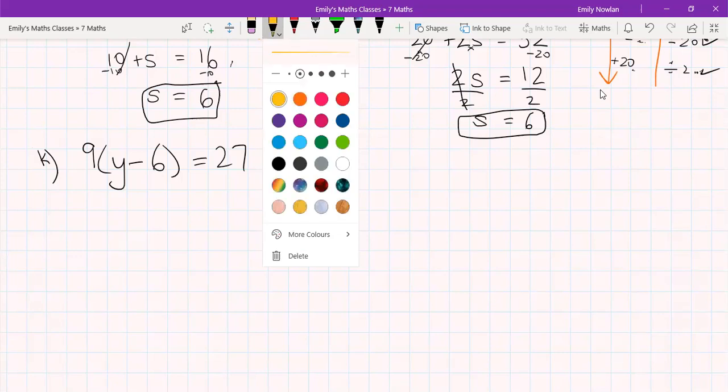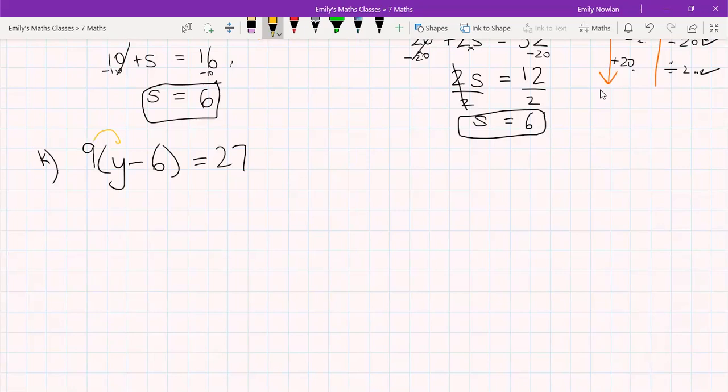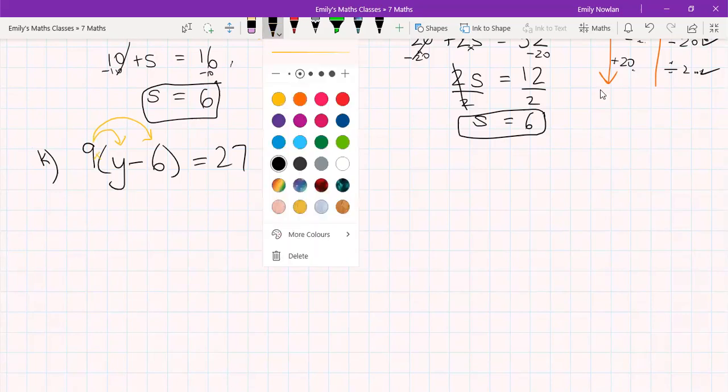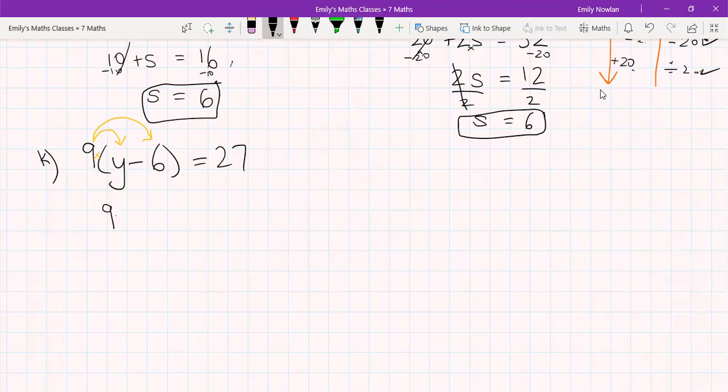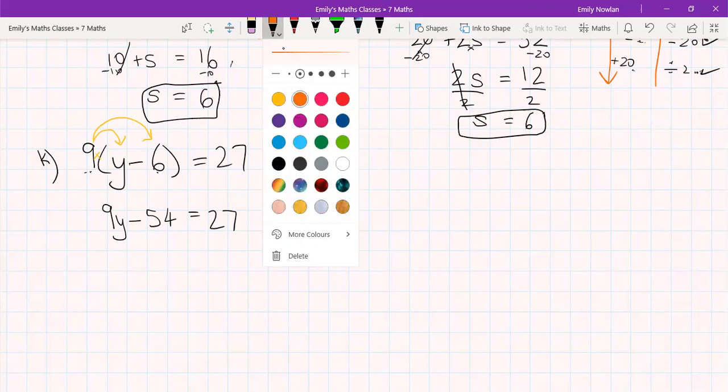So the process is from now on, I'm going to see brackets and I'm going to expand them. There's a times in between there. So 9 times y is 9y minus 9 times 6, because there's a minus in the middle, 6 9s are 54, is equal to 27. I've expanded my brackets. Now I can think about it like before.